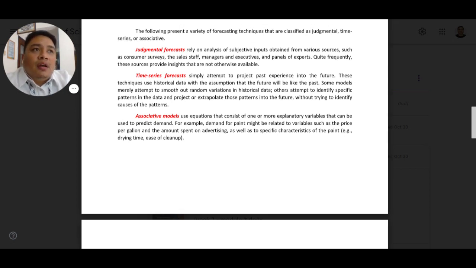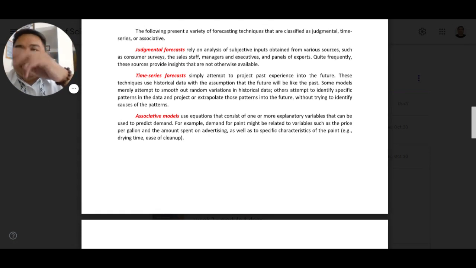Okay, there are statistical equations used. For example, how would we be able to get an average, di ba? Paano tayo kukuha ng average? Ipa-plus mo yung different inputs divided by the total number of inputs. That's how we get the average.